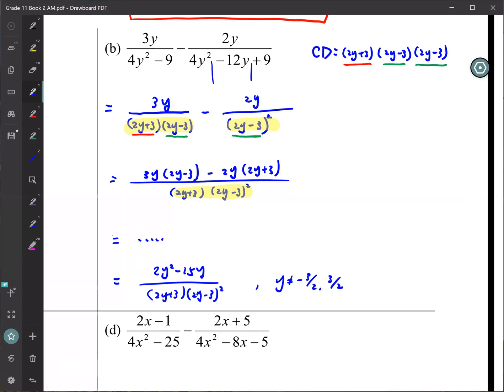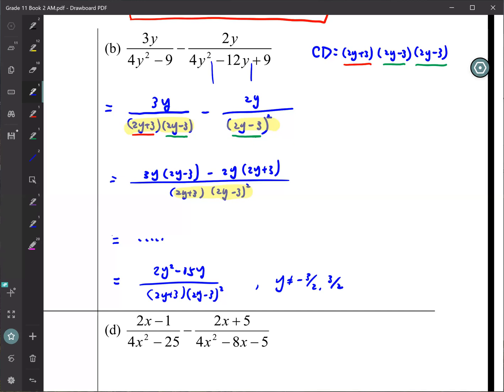Okay, Aaron, how about you? What does your final answer look like? It's the same thing. Restriction the same? Yeah, but for the answer, I factored out y.